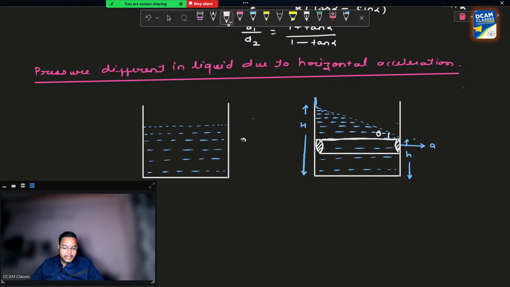Let's say the length is L. Pressure at this point A is P1, pressure at this point B is P2. Let's say the cross-section area that I have taken is capital A.